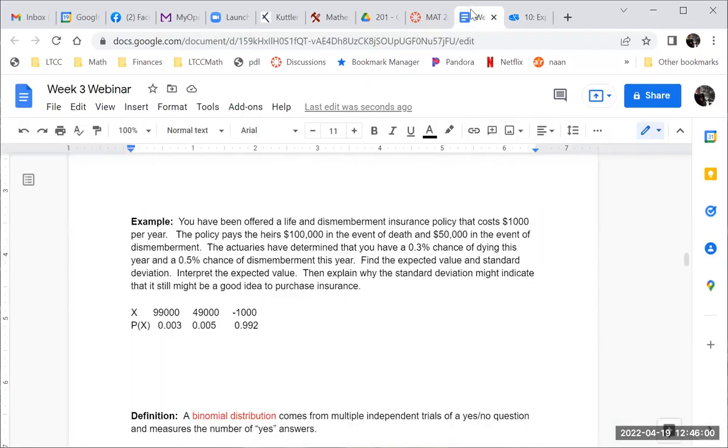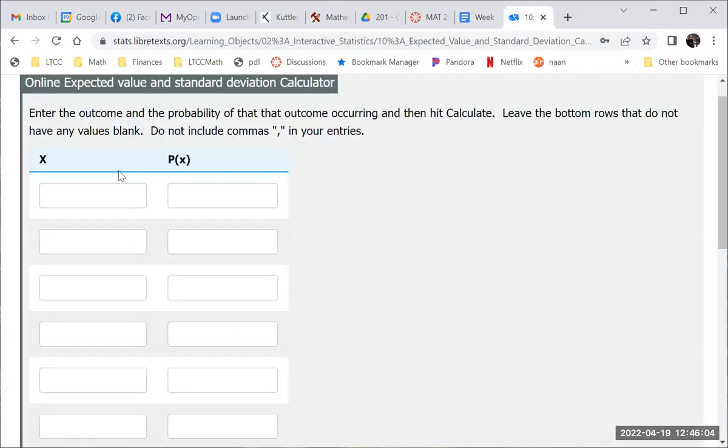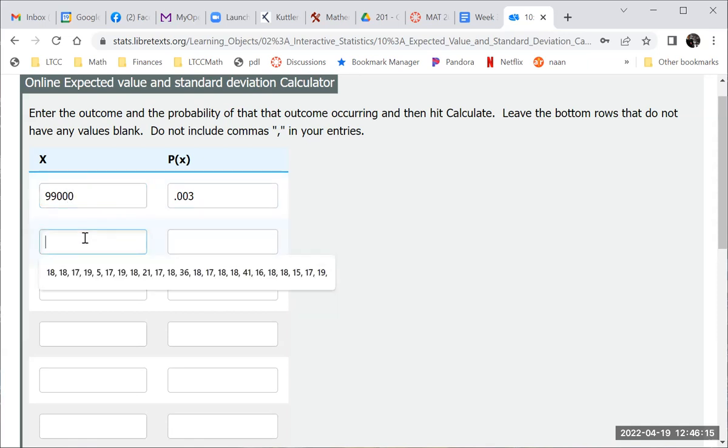Okay, so then we just put our numbers in, and that's 99,000, 0.003. Don't put commas in ever on this calculator. Don't use commas for 99,000. That's what I mean by no commas. Just type in the numbers.